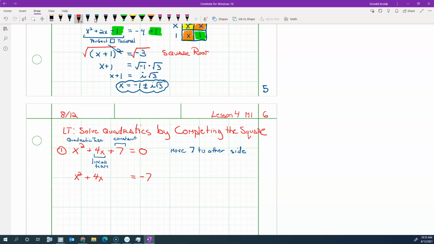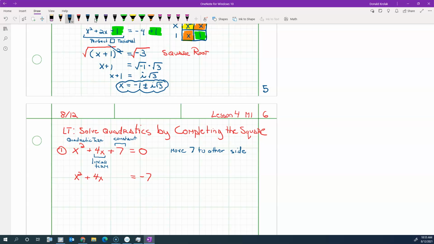All right, now in order for you to be able to complete the square, here's what has to happen. The quadratic has to be a perfect square, and the linear term has to be even.